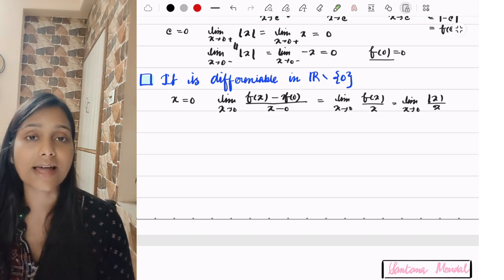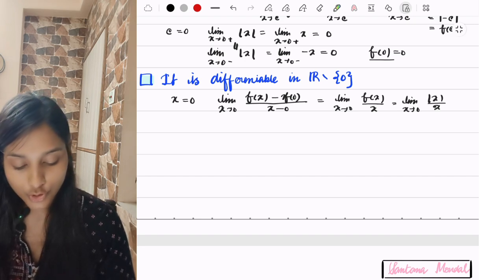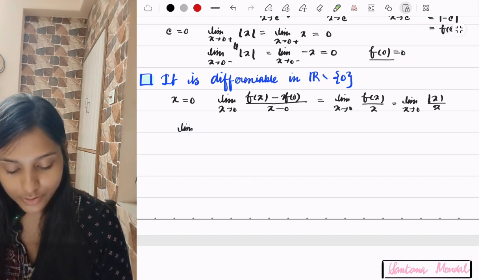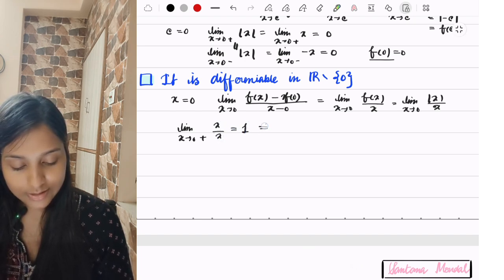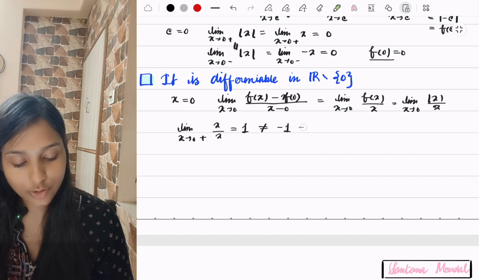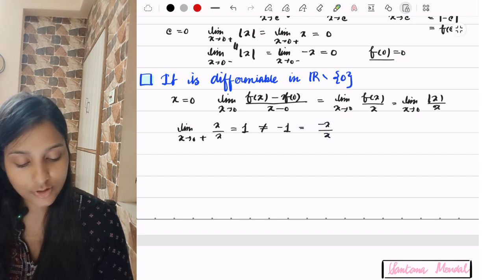Now the problem is that if we take the 0 plus limit and the 0 minus limit, those two will give different values. For the 0 plus limit, we will have x by x, so it will be 1. But this is not equal to minus 1, which we will get from the 0 minus limit.